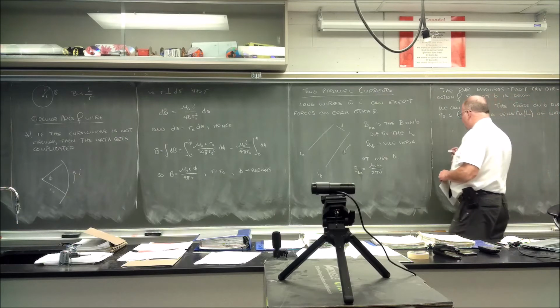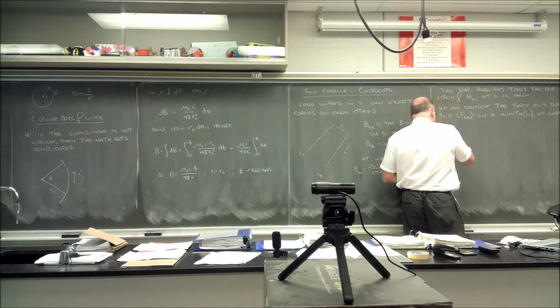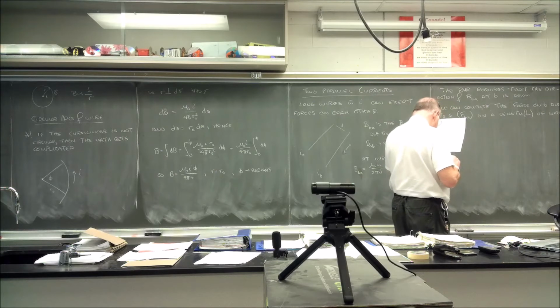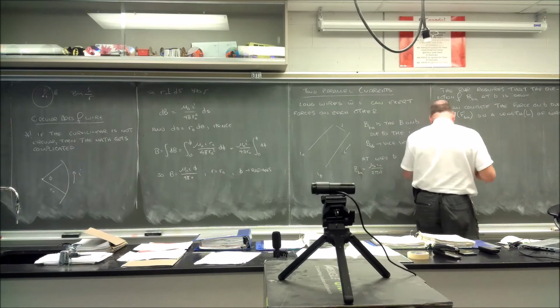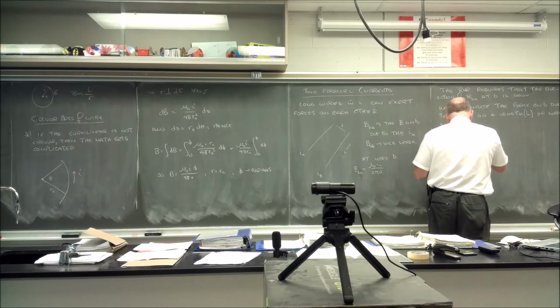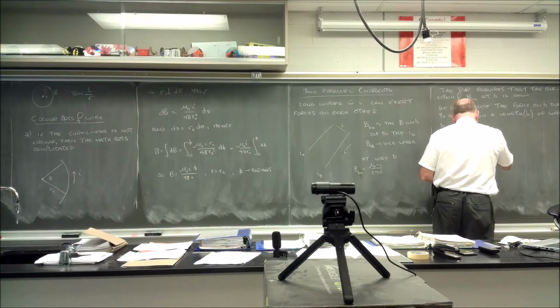The magnetic field of A is what it is, however constructed. So FBA is equal to IB L cross BA.